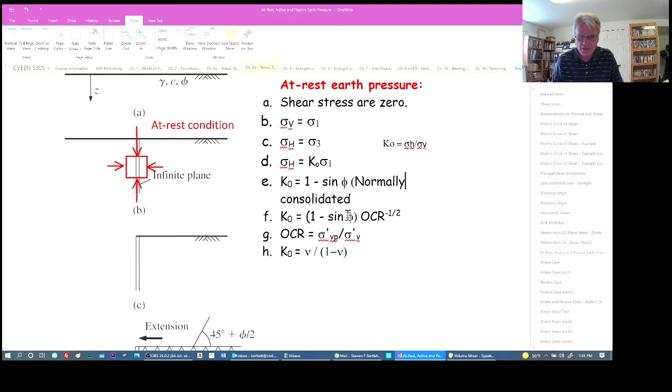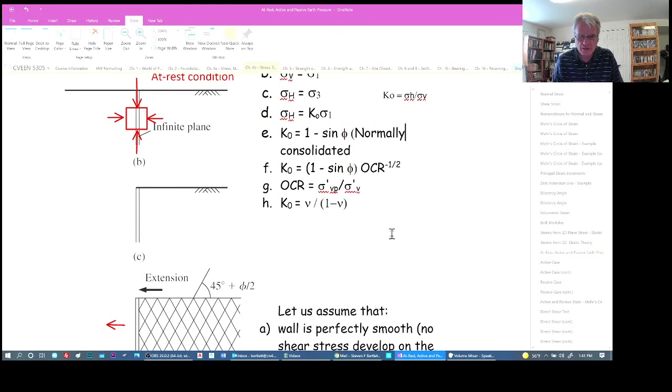So it's 1 minus the sine of phi times the OCR to the negative 1/2 power. Remember the OCR is the pre-consolidation stress in the vertical direction divided by the current effective vertical stress. That's just a refresher from GO1 if you've forgotten that equation.